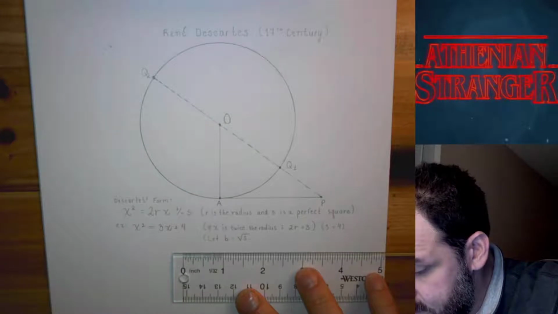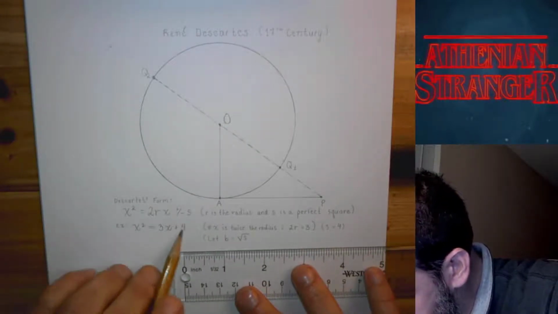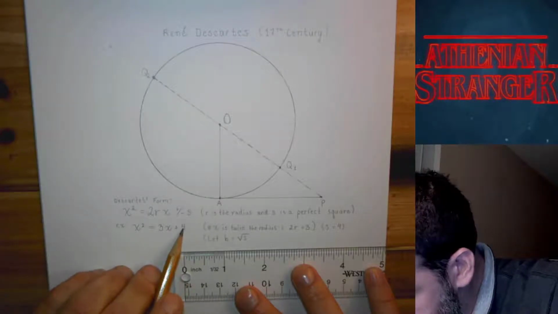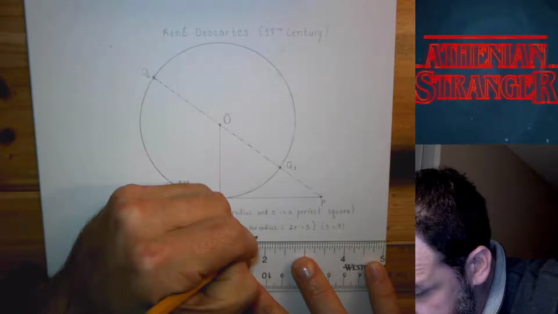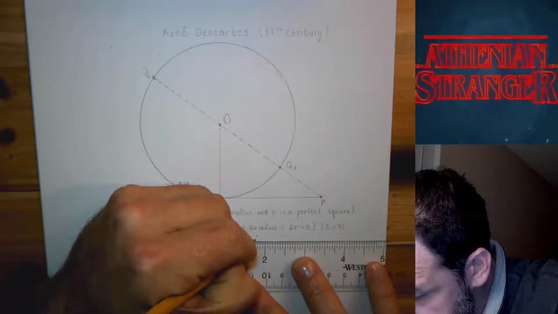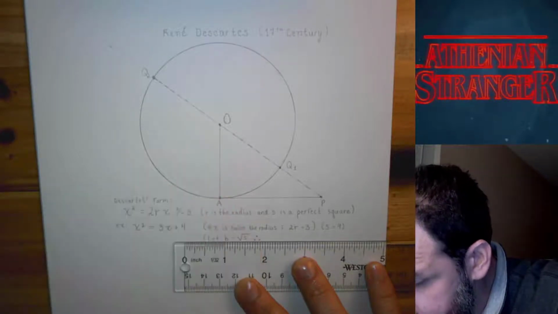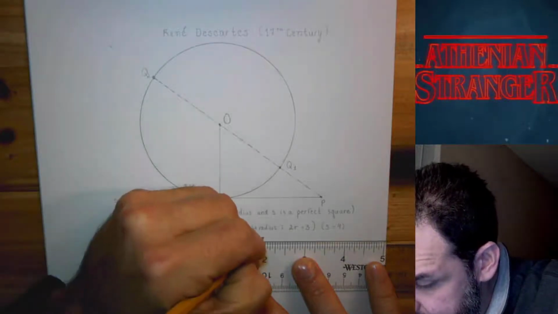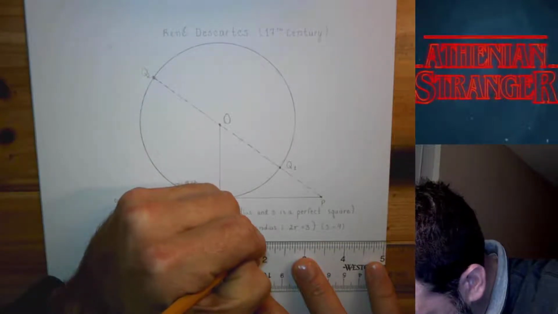Everybody's sticking with me here, right? S is 4. So we can use our cool math symbol, therefore. Don't worry, I understand some people watching this may not know what this means. This means therefore.